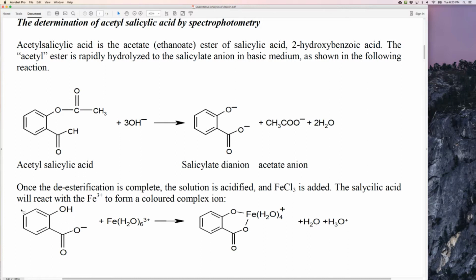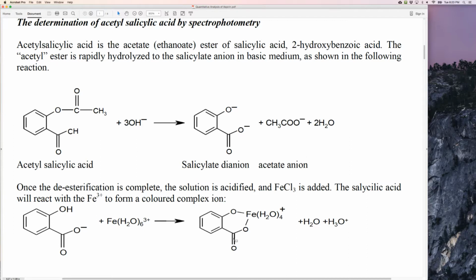If you react this molecule in acidic solution, you actually react it with an iron chloride, iron 3 specifically, iron chloride solution. And that iron chloride solution is actually going to create a transition metal complex.